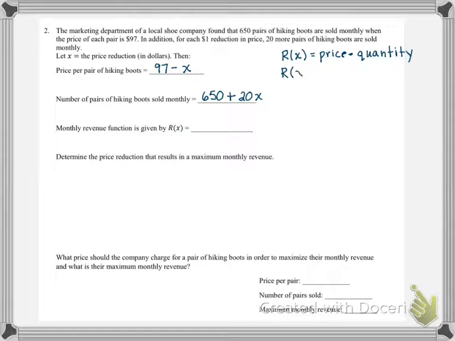And so I'm like, oh, how am I going to write that function? Well, I look for price. There it is. And then I look for quantity, which is the same as the number of.